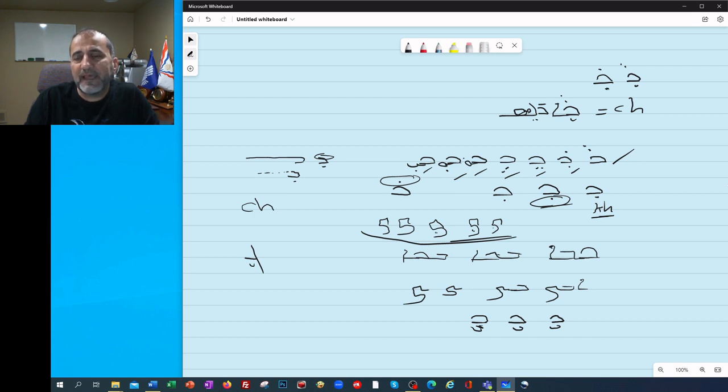So that's going to be kha. Same thing for the zlama. One of the dots could be like this, or sometimes you will see 3 dots like a triangle there for the sound of kh with a short i. And with the rwaha it is going to be kho. With the rwasa, khu.